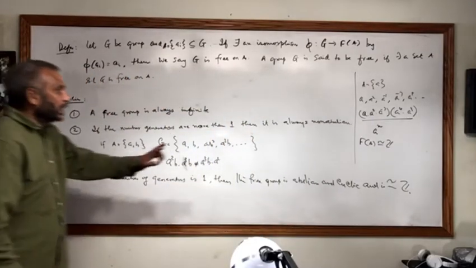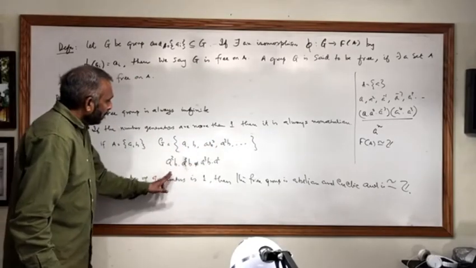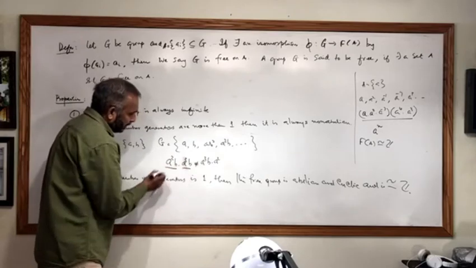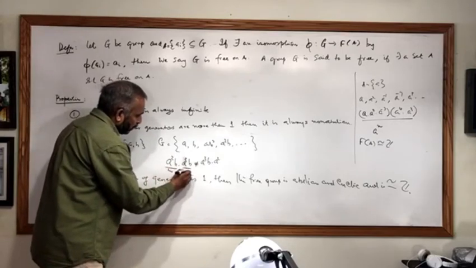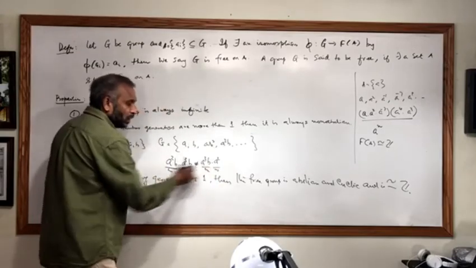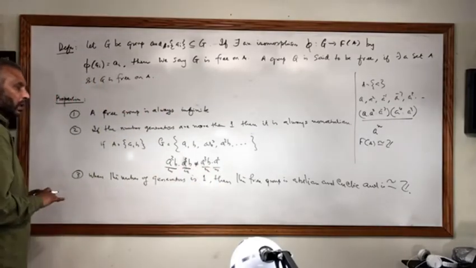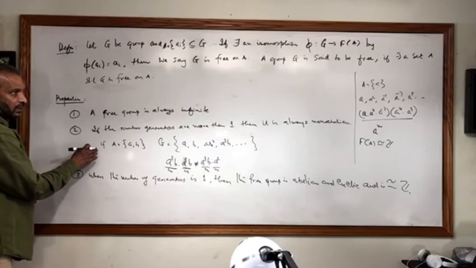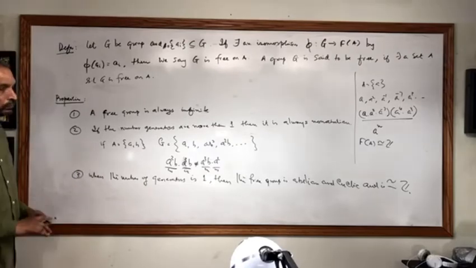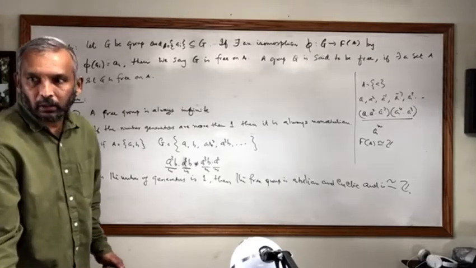If it is more than one element, this is how it is going to be. See, if you take two words, this is word 1, this is word 2, and this is word 2, and this is word 1. So this is not commutative, and hence the free group here is not abelian.